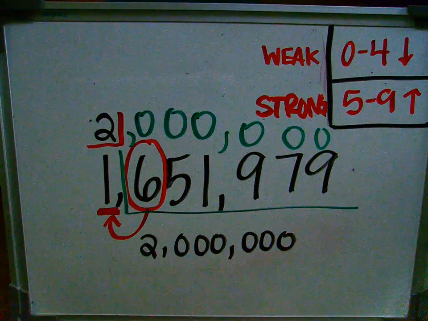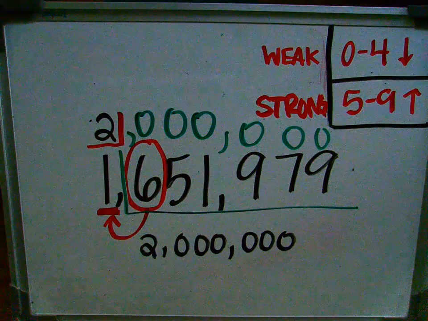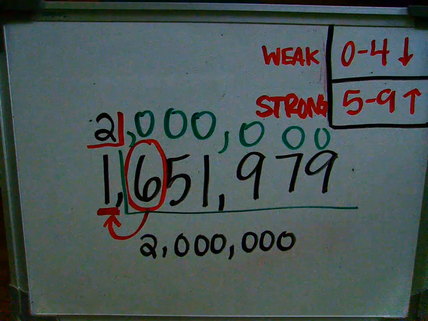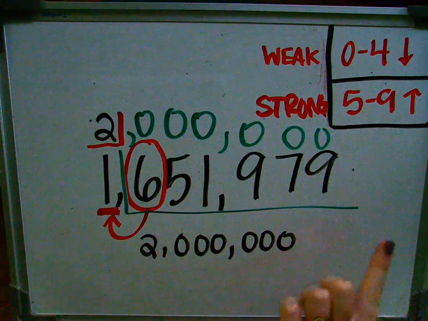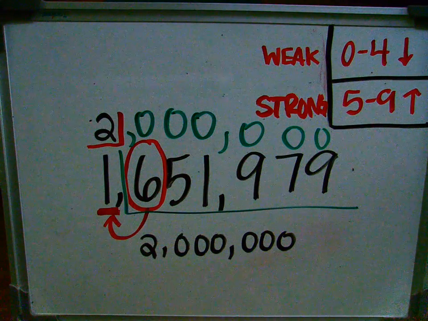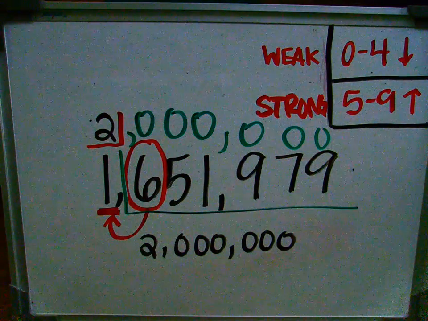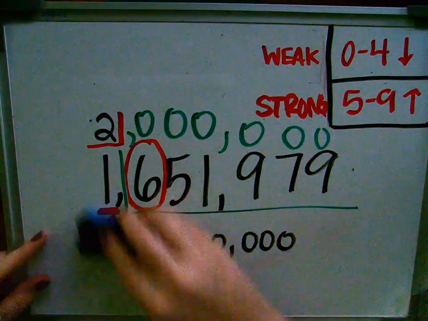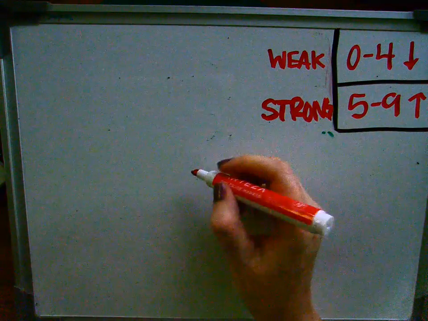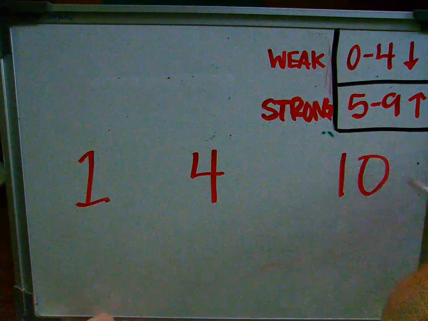Now, when I look at that number, 1,651,979, another way that can really help you figure out if you are rounding up or down is thinking, is this number closer to 2 million or closer to 1 million? So think about that in your brain. Is it closer to 2 million or closer to 1 million? Just like, for example, if I asked you, is 4 closer to 1 or closer to 10?